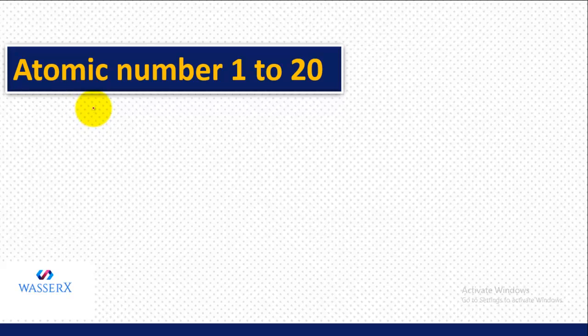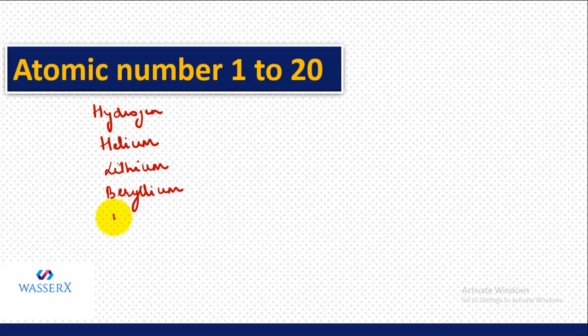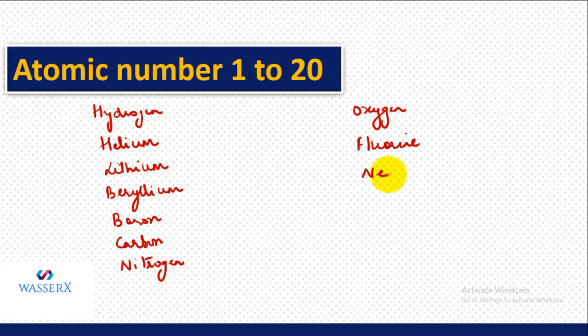So the first atomic number is given to hydrogen. So first is hydrogen. Second we have helium. Third we have lithium. Fourth we have beryllium. Right, and 5 we have boron, 6 we have carbon, 7 we have nitrogen, 8 is oxygen, right, 9 is fluorine and 10 is neon.